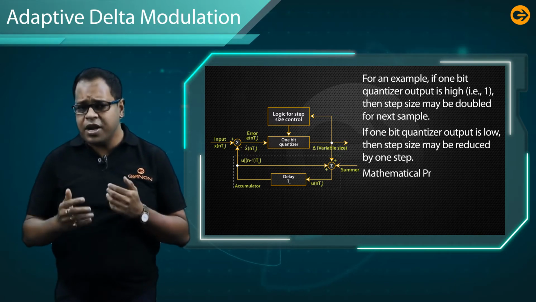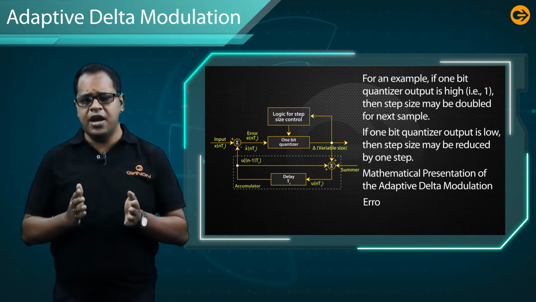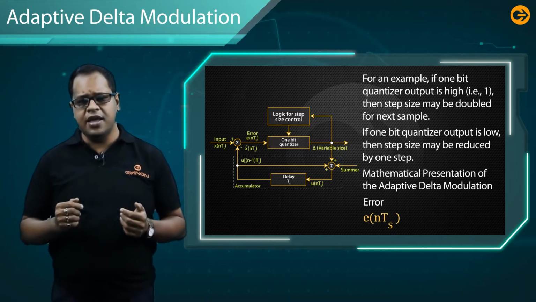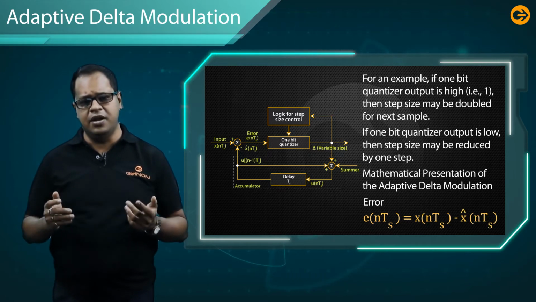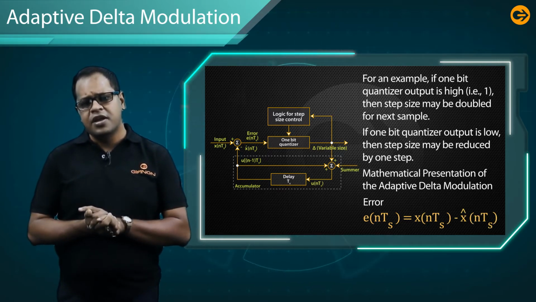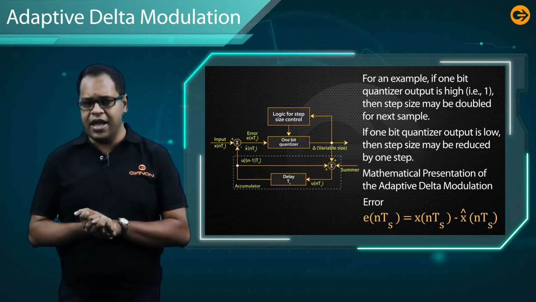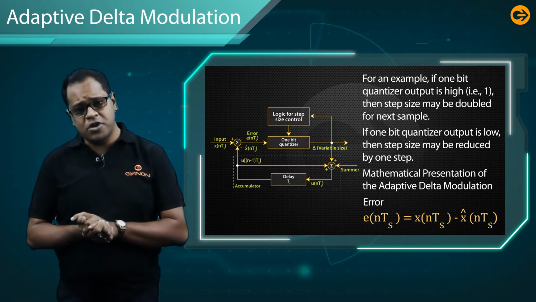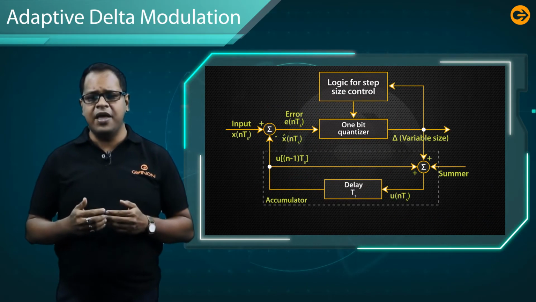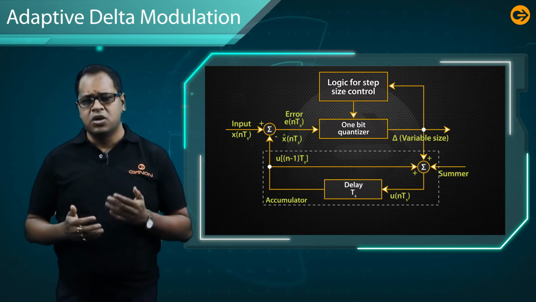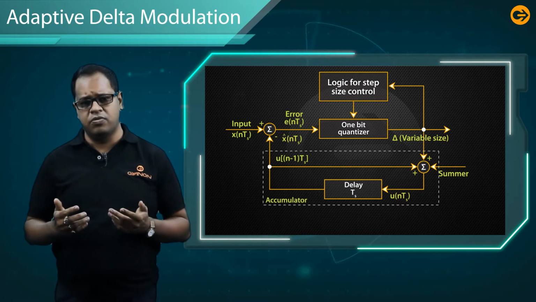Then what is the mathematical representation of adaptive delta modulation? Here, error e(nTs) is equal to x(nTs) minus x cap(nTs). What is this Ts? Ts is the sampling period. x(t) is the message signal and x cap(t) is an approximation of the message signal. The output is generated by the 1-bit quantizer, which is controlled by the logic for step size control block.